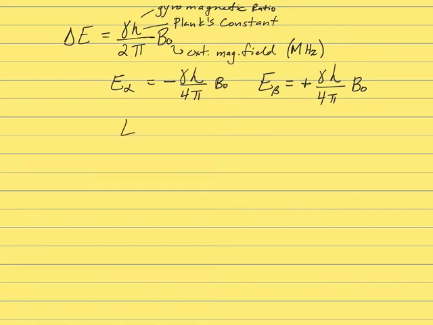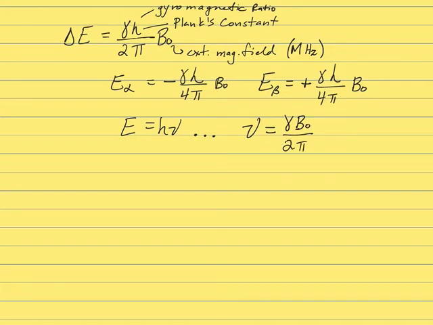We also know from earlier in the semester that E is equal to h nu. So we can sort of combine these two equations, and we get that the frequency of light, the energy difference between these two, is equal to gamma B naught over 2 pi.